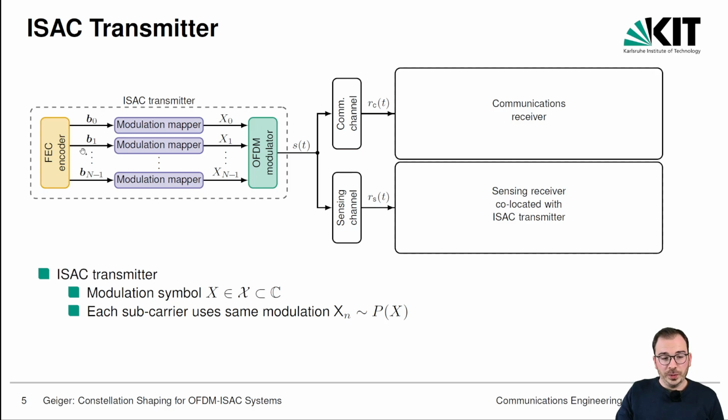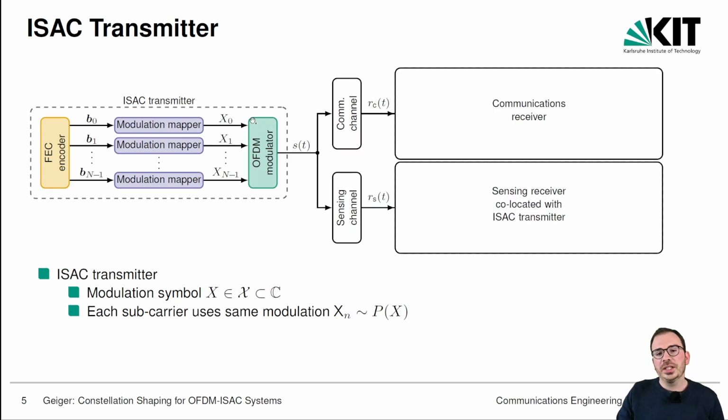Further, we consider a bit-interleaved coded modulation system, so a practical communication system. Here, the FEC encoder outputs bits, which are then mapped onto modulation symbols out of a modulation alphabet X. So those are our constellation points. And since our modulation symbols are random, we can consider X as a random variable.